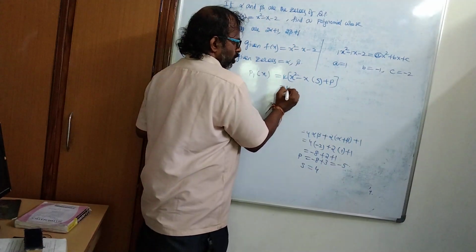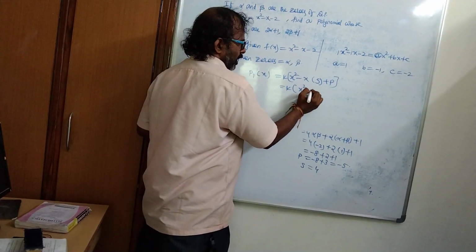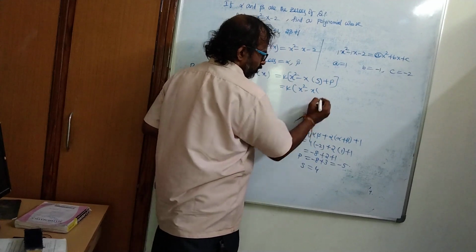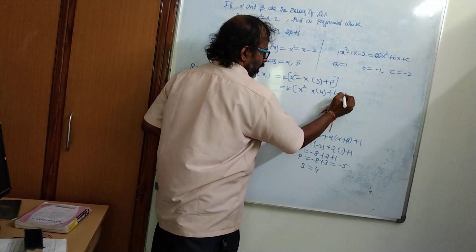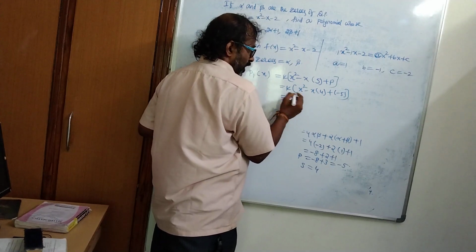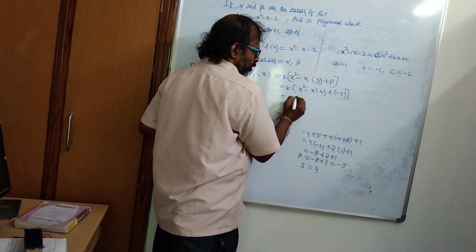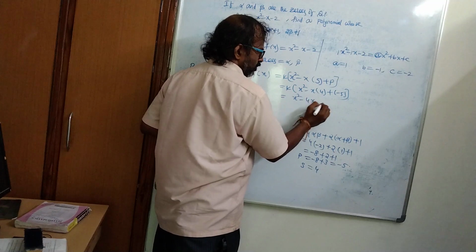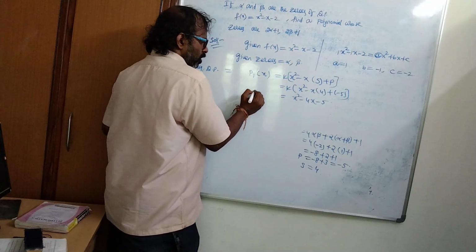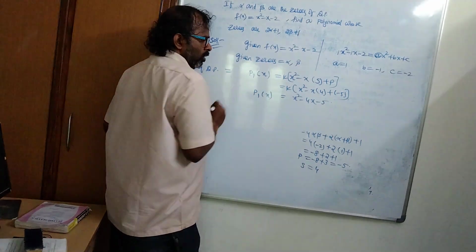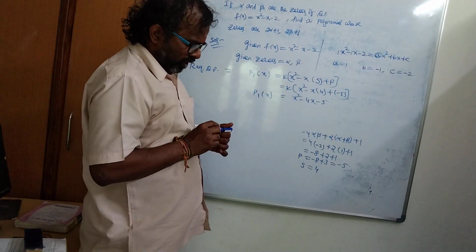So k into (x square minus x into the sum of zeros 4 plus the product of zeros, minus 5). So for k equal to 1 it will be x square minus 4x minus 5. So this is your required quadratic polynomial.